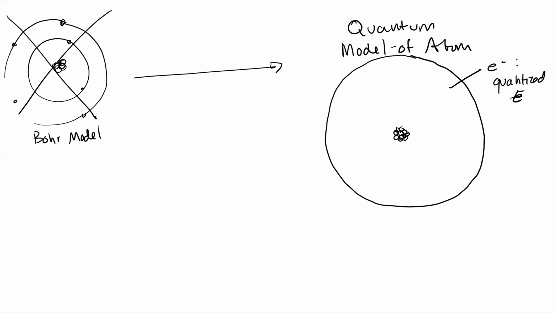And what we find is that if an electron is acting as a particle, but also as a wave, when it is attracted to a nucleus, we can think of it best as a wave. And we can describe it with a wave function.